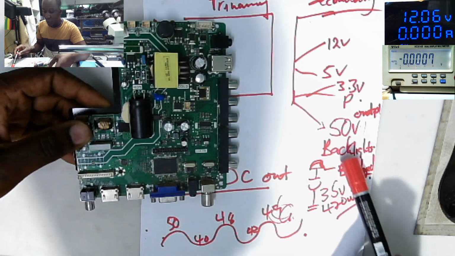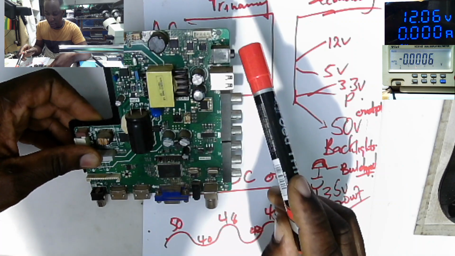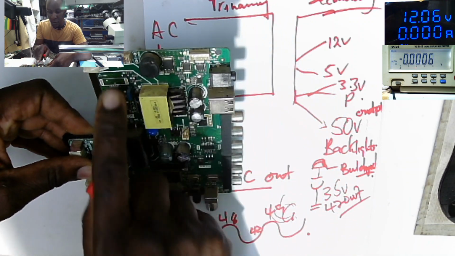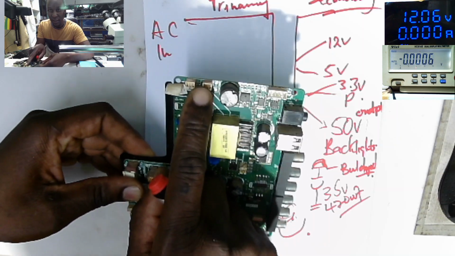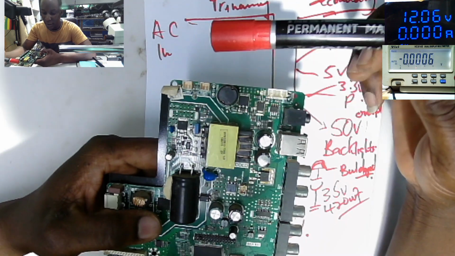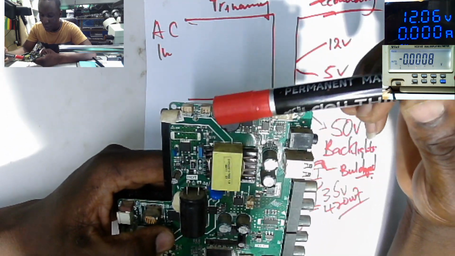Exactly what I told you. Let's concentrate on the secondary. And here you can see we have two connectors for the backlights, and that's the coil.